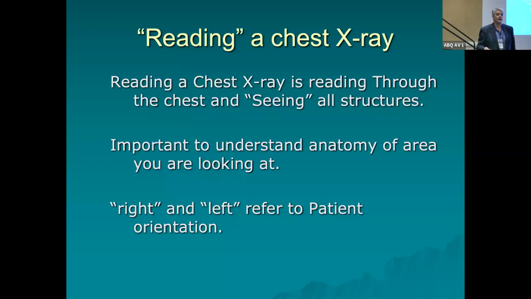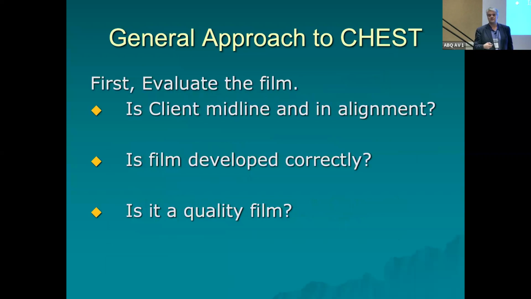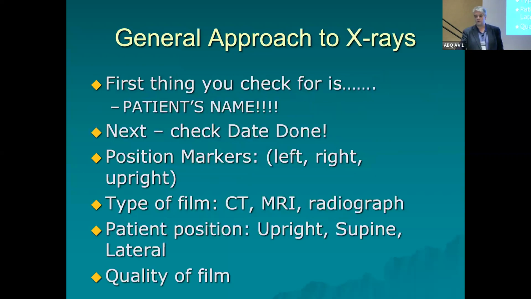When we talk about right or left, you're referring to the patient's right or the patient's left. As we approach it, you want to make sure that you refer to the appropriate side, especially when you're giving a report or conferring information. Okay, general approach to x-rays. Again, make sure that you always check for the patient's name.